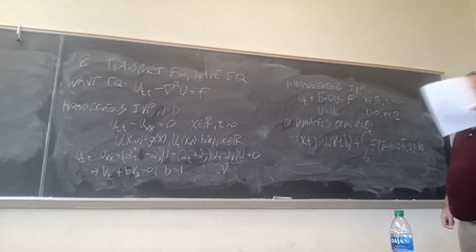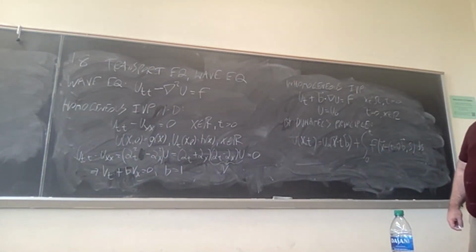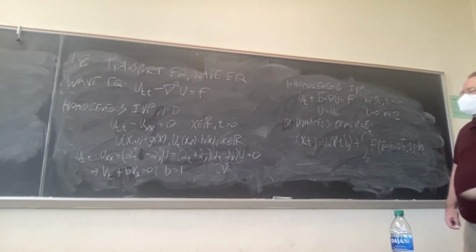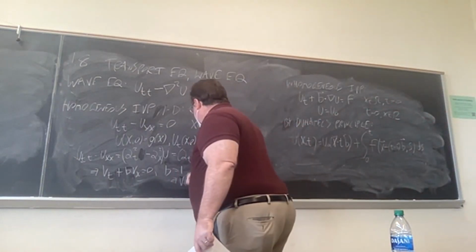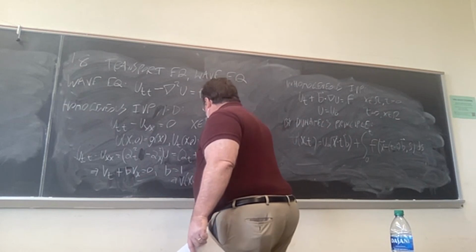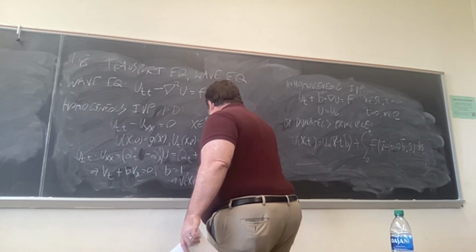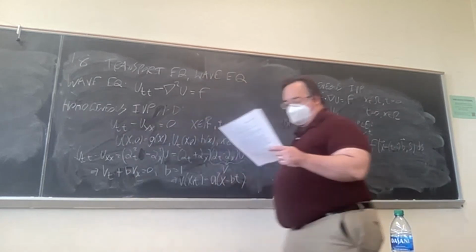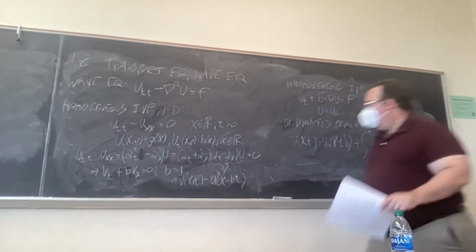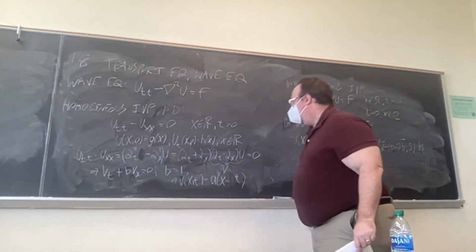Because of what I showed you earlier for the transport equation, I know how to solve that problem. So v of x,t is equal to some function, which I'll call a, of x minus bt, or x minus t, because b is 1.